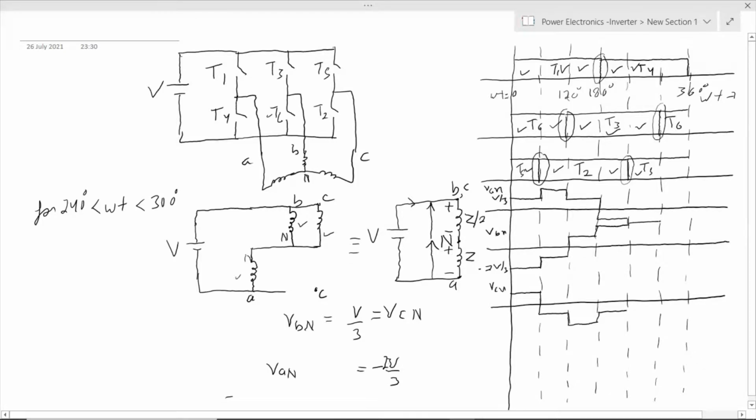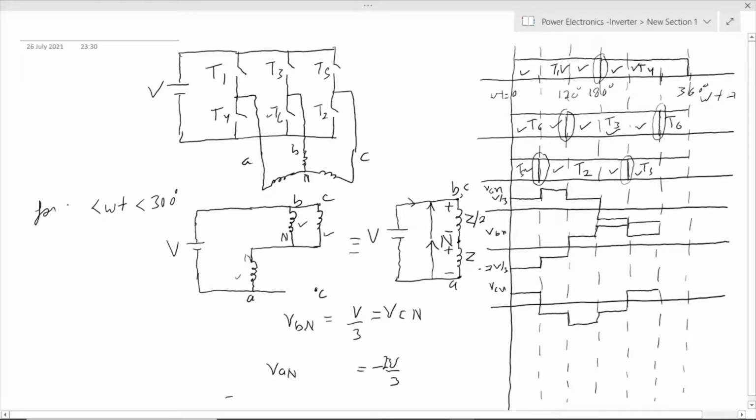Let me write it like this, so don't confuse. So VBN is your V by 3. Okay, and your VCN will also be V by 3. So where is VCN? Here it is, V by 3.